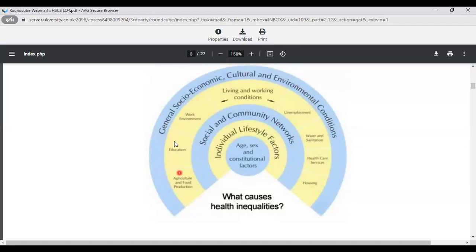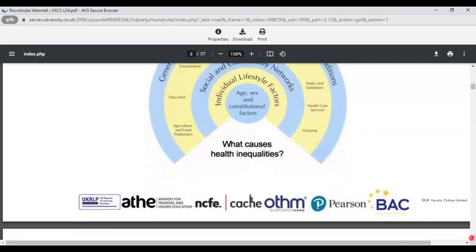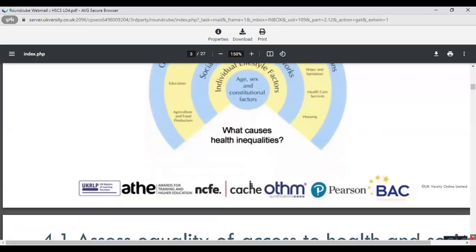And then you have community. The main heading is social and community networks, which are not very strong in poorer places to live. And then you have the biological factors. All of these have played a role in health inequalities.